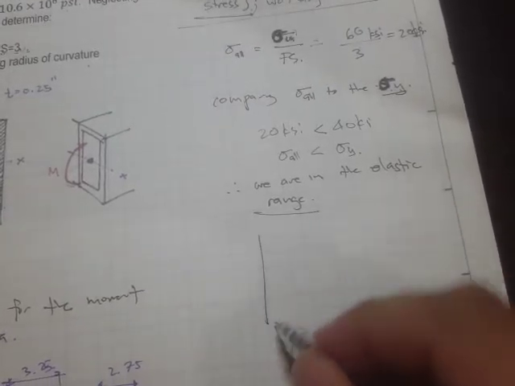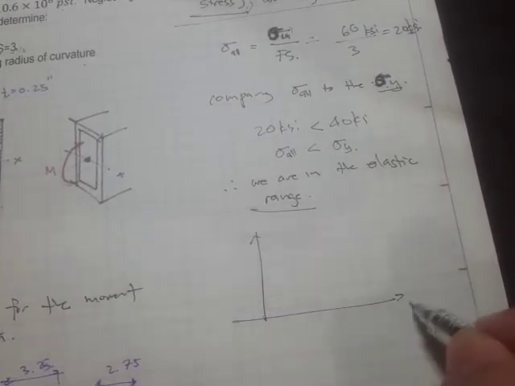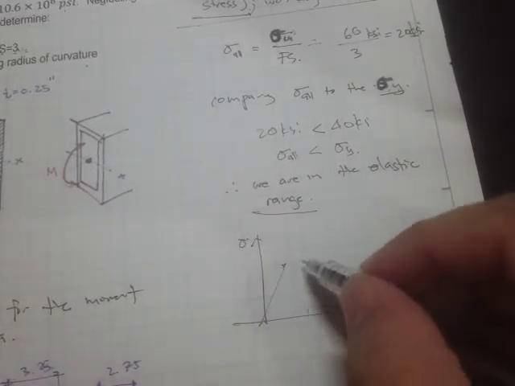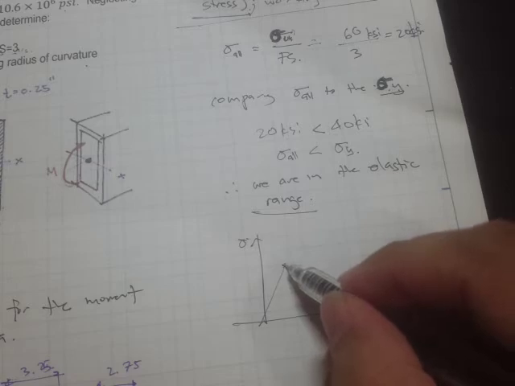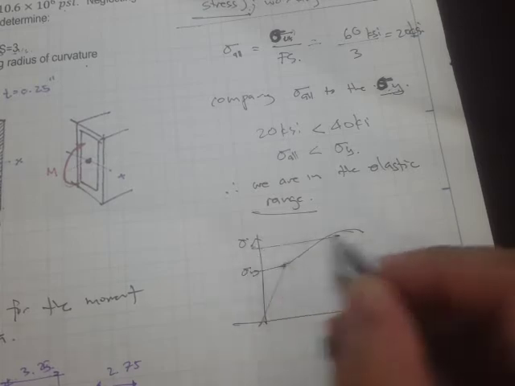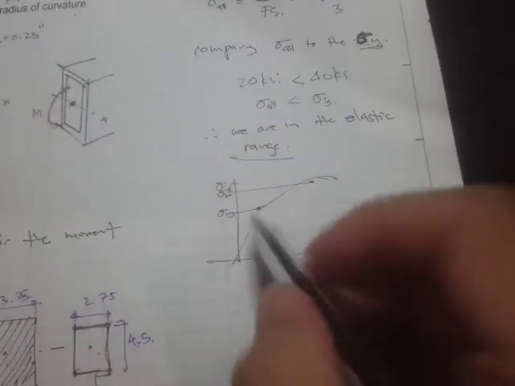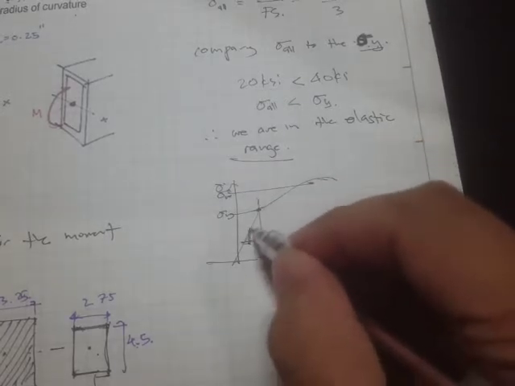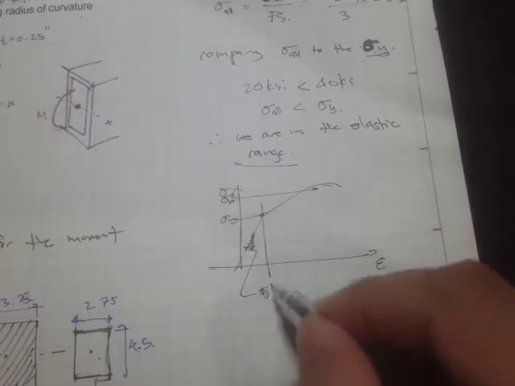When we say elastic region, it's like this. If this is the stress-strain diagram in tension, and let's say this is the stress-strain diagram of steel. Here's our yield strength, and here's our ultimate strength. Right here we have this linear region, so that's the elastic region.